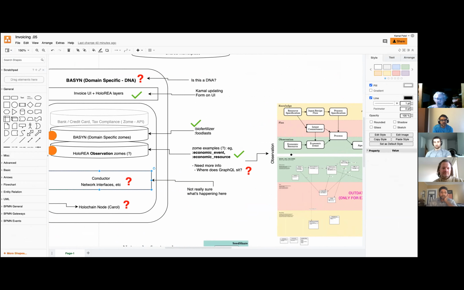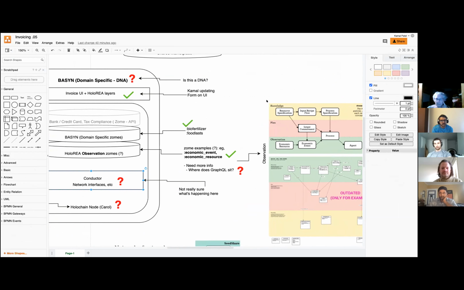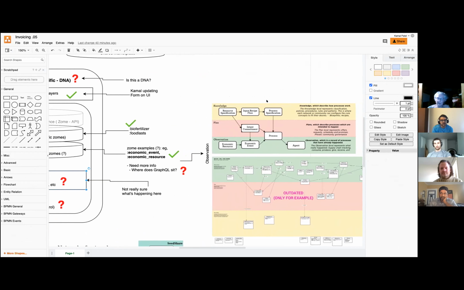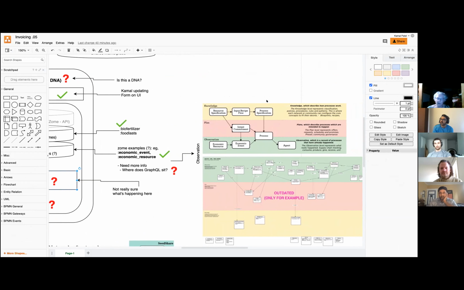But the planning layer you definitely are working with, because making an order is part of the planning layer. So it's not just the marketplace. It's like, I see you have biofertilizer and I want 1,000 gallons next week. Can you deliver it? That's part of the planning layer.